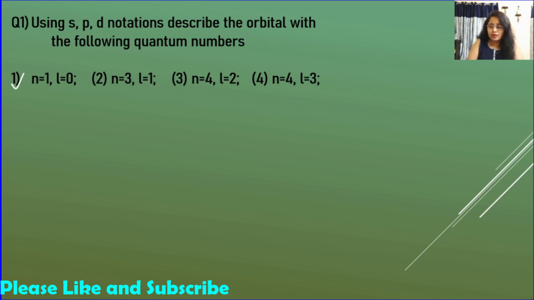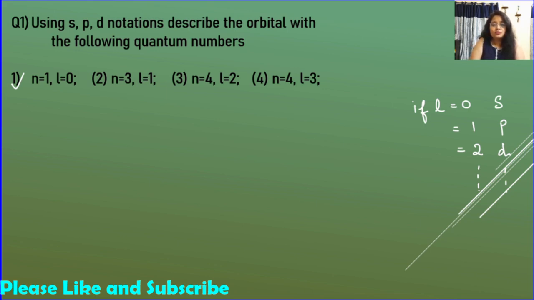But we learned one more thing: if L is equal to 0, it means it is s orbital. If it is 1, it will be p orbital. If it is 2, it should be d orbital, and so on. So we will use this to solve our question.